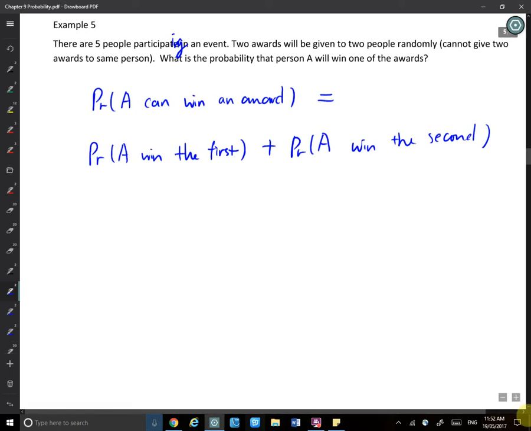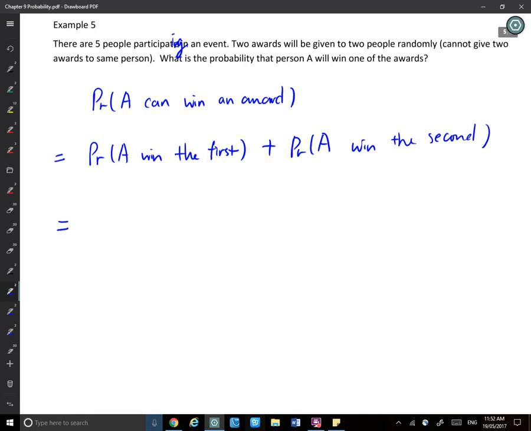Let's have a think. What's the probability you will win the first one? Well, there are 2 awards. As I said, there are 5 people here. What's the probability you can get the first award? Just like throwing something to 5 people, what's the probability 1 person can get it? 1/5. It's really random.